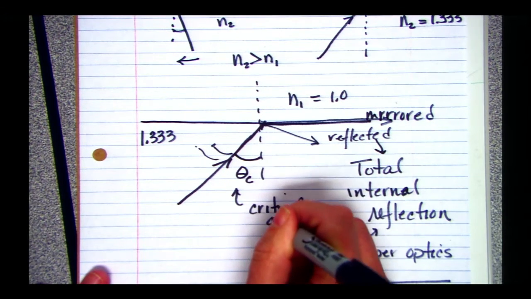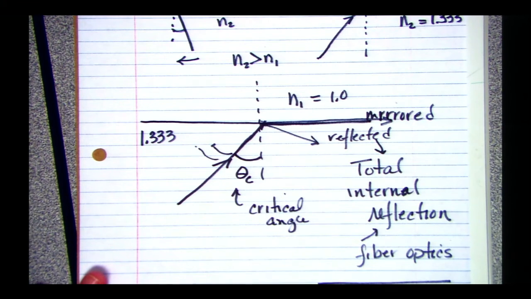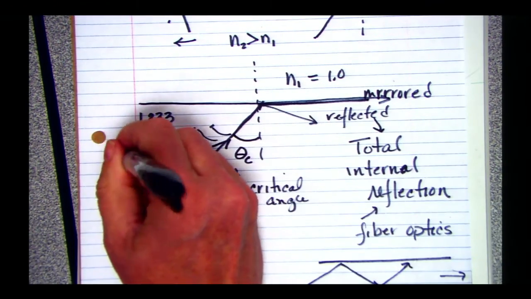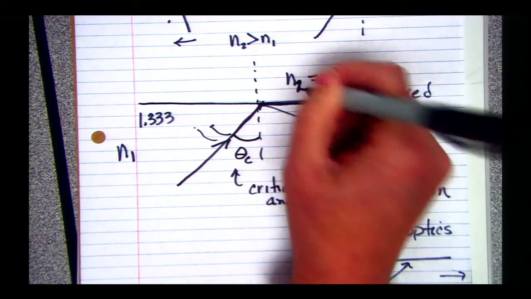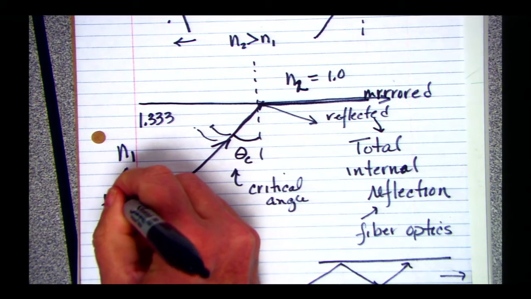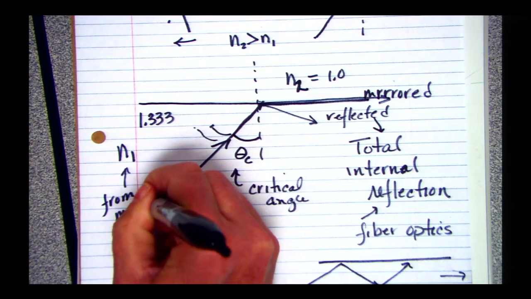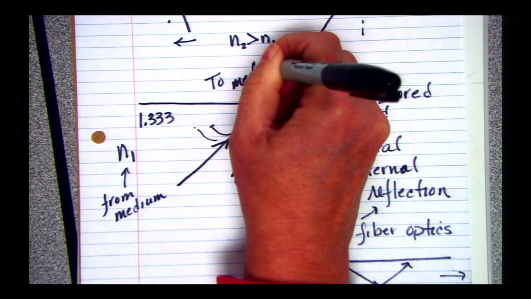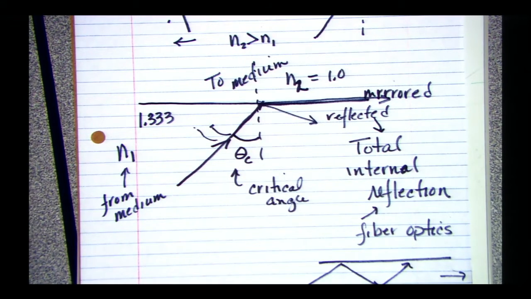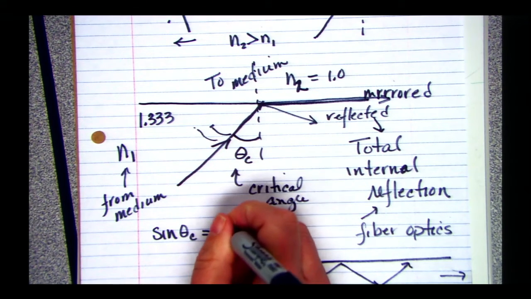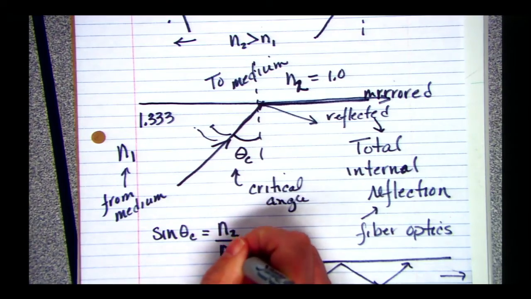This happens when we say this is N1, the from medium, and this is N2, the to medium. And when we do that, the sine of the critical angle is going to equal N2 divided by N1. And that's going to be the angle at which we get the total internal reflection.